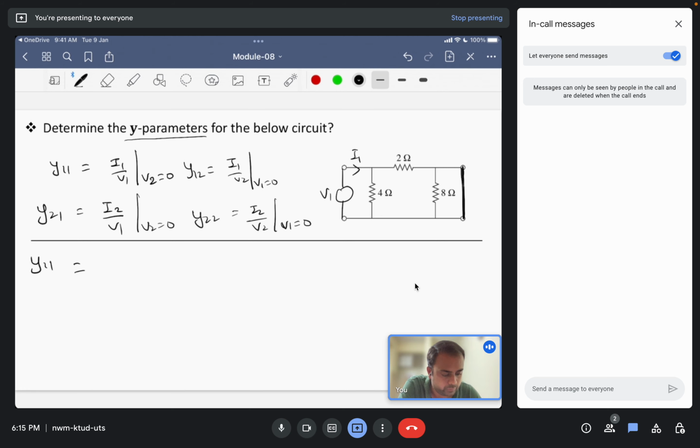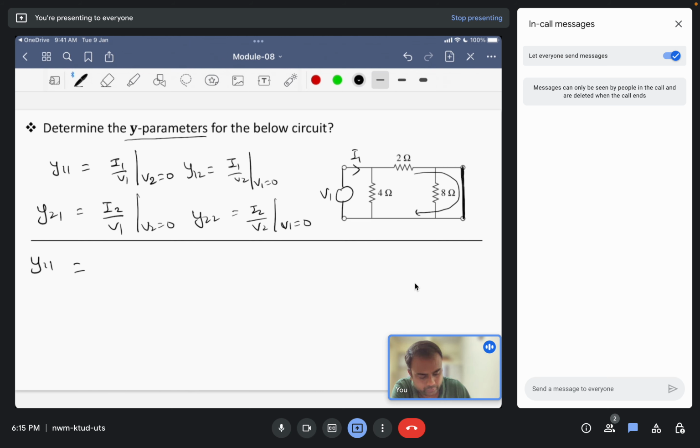No current will flow through the 8 ohm resistor, because current flows through the least resistive path, and since this is a short circuited wire, there will be no current flow. So the circuit here is a parallel connection of 4 ohms and 2 ohms.